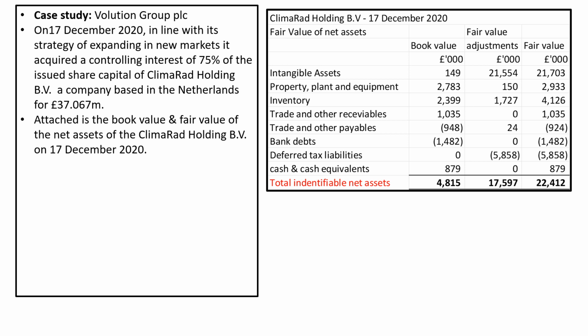And the fair value adjustment is £17.597 million, with a total fair value of the net assets at £22.412 million. If we look at these adjustments, a big adjustment is in intangible assets.